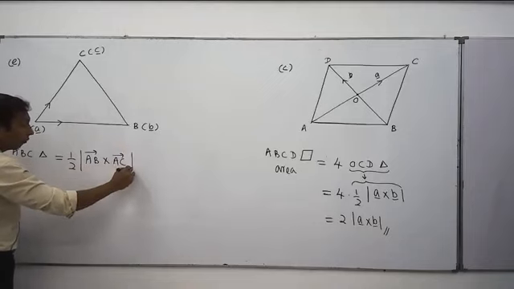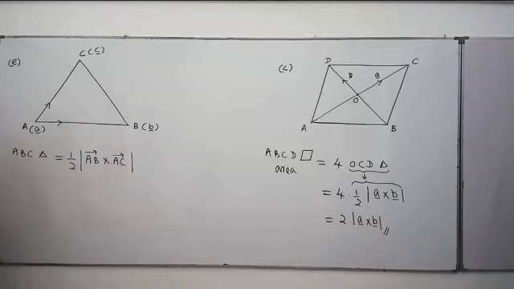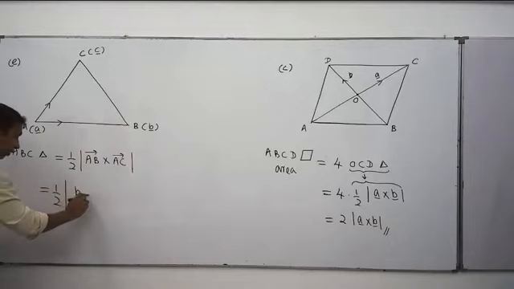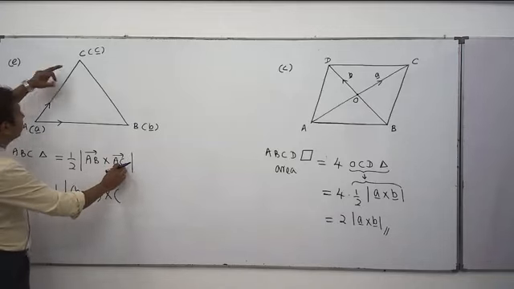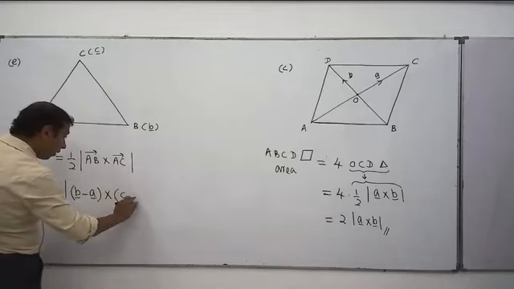How do we write the AB vector using position vectors? Ending point position vector minus starting point position vector. So half modulus of B minus A, cross AC, which is C minus A.